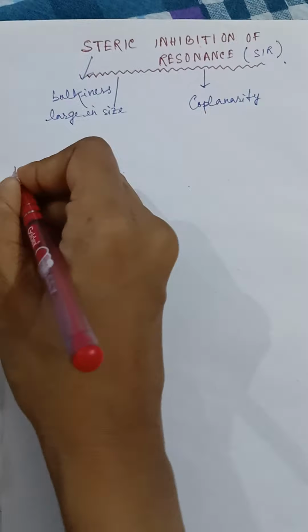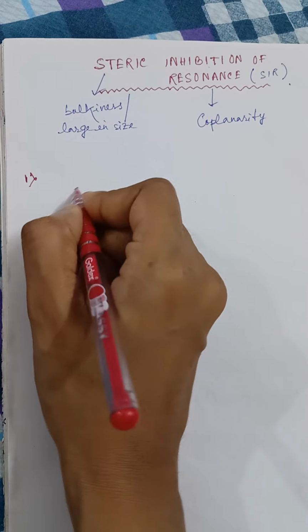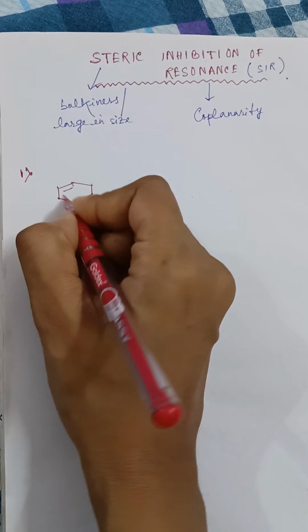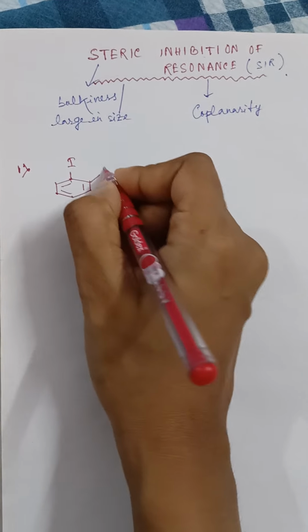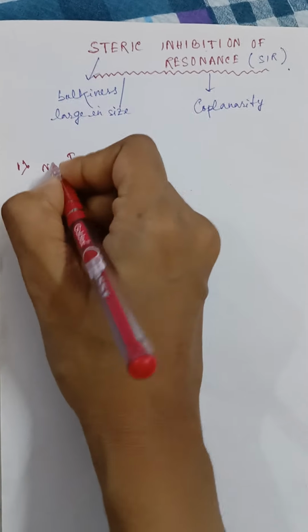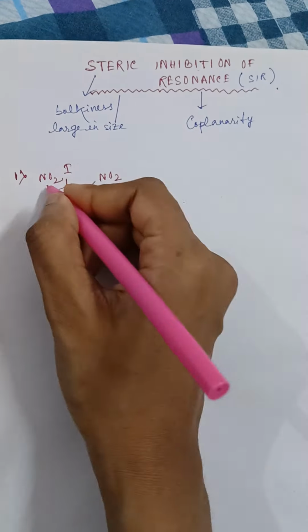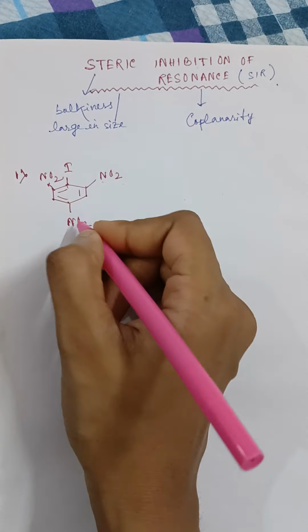Suppose in this first example, here it is iodine, NO2, NO2, NO2. Now, this is also NO2, this is also NO2, this is also NO2.